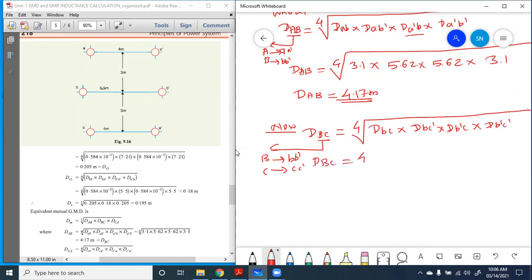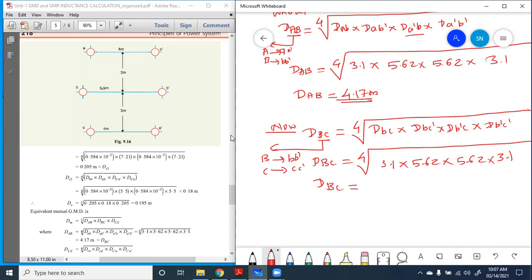So DBC is equal to the fourth root of 5.62 into 3.1, BC dash is 5.62, already calculated, B dash C is 5.62, and B dash C dash is 3.1.